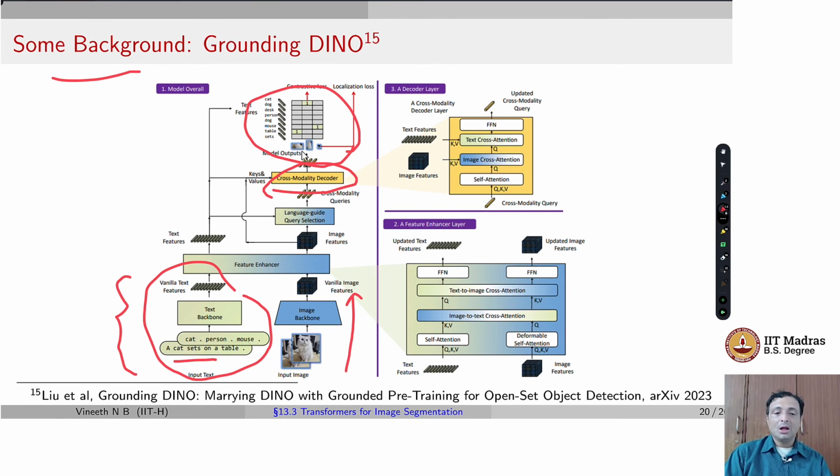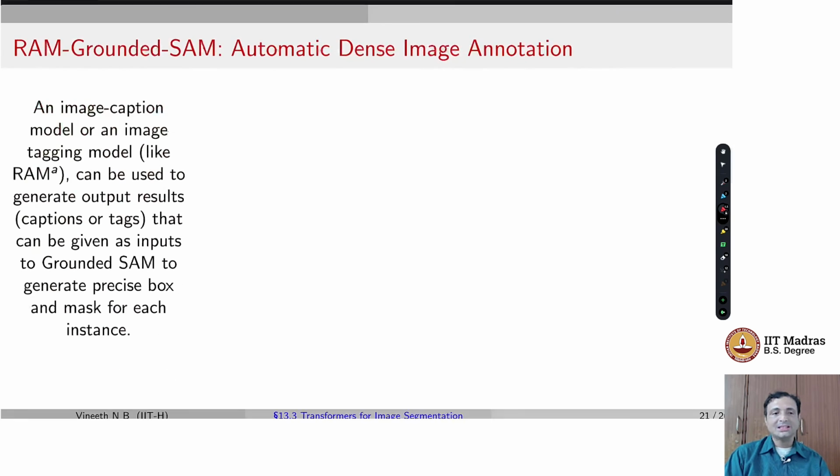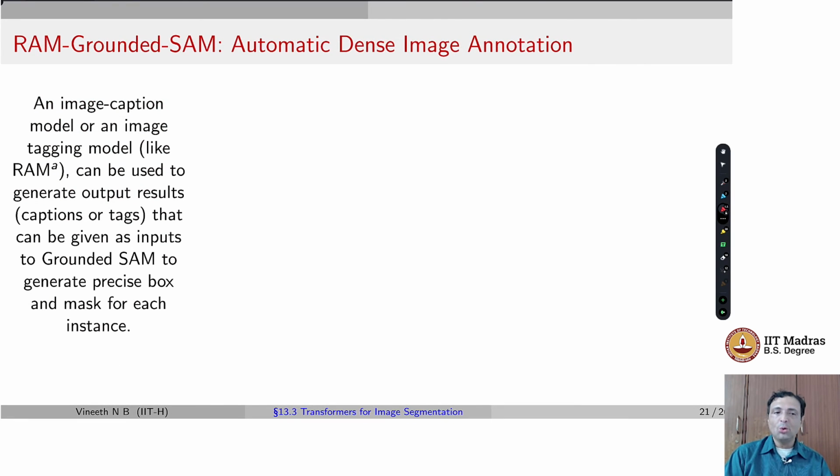Right. Now coming to Grounded SAM, they show that once you get the outputs of Grounding DINO as bounding boxes and give that as input to SAM, you can do a lot of different things. Let's see a couple of applications that they show in their work at least. Here is one of them called RAM Grounded SAM.